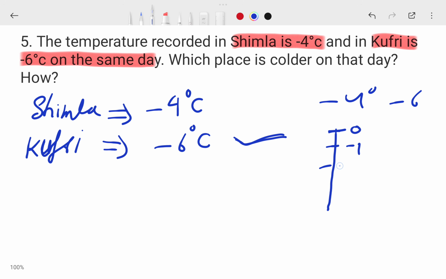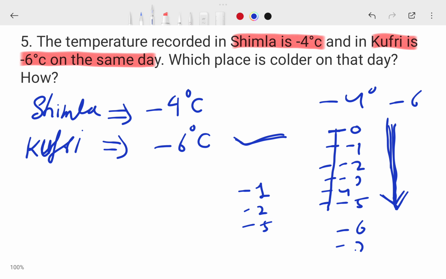Whenever it goes -1, -2, -3, -4, -5, when the temperature goes downwards, like -6 degrees, -7 degrees, it means the season is going to be very cold. Whenever the graph goes downwards, like -1, -2, -5, -6, -7, these are colder. Whenever it is 5, 6, 7 degrees, it is not cooler, it is for summer time, for the heat. Positive is for hot, and negative is for cooler.